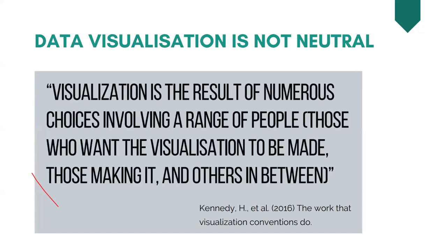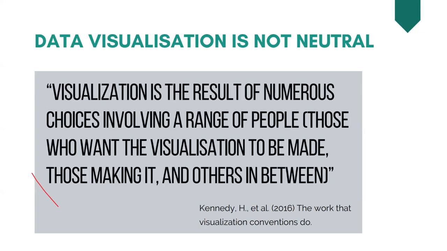So visualization is the result of numerous choices involving a range of people. Those who want the visualization to be made, you, those who are making it, which might be you or others, and anybody in between, which is your respondents, your supervisor, your examiners. So many people have a different perspective on it, okay?